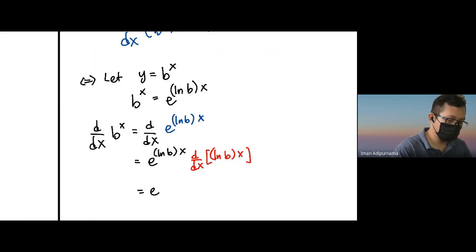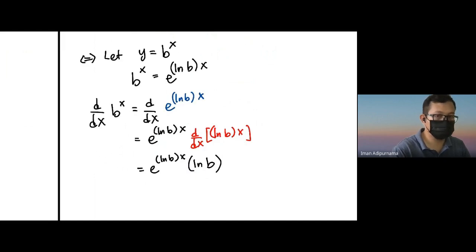And this will be e^(x ln b) times d/dx of x ln b, which is just ln b. We derive with respect to x, right? And this becomes b to the power of x times ln b. Yeah, same thing.